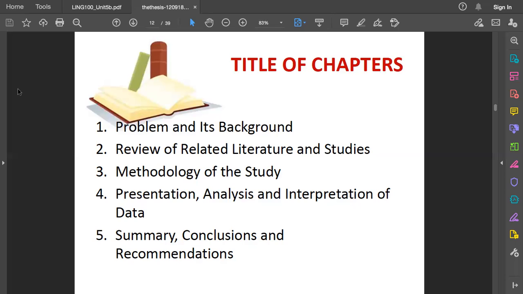Sometimes, or usually, you would find the review of related literature in chapter 1 after the background of the study. Anyway, there are just 2 parts of the review of related literature chapter.